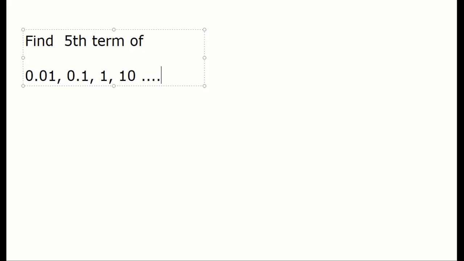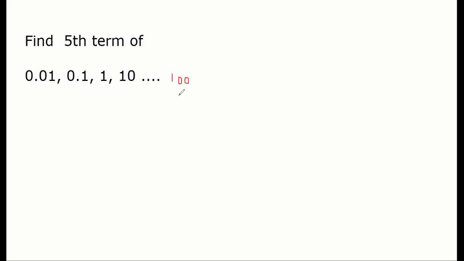Without formula also you can directly do it. We know that without formula also. So it is into 10, into 10. So the next term obviously has to be 100.